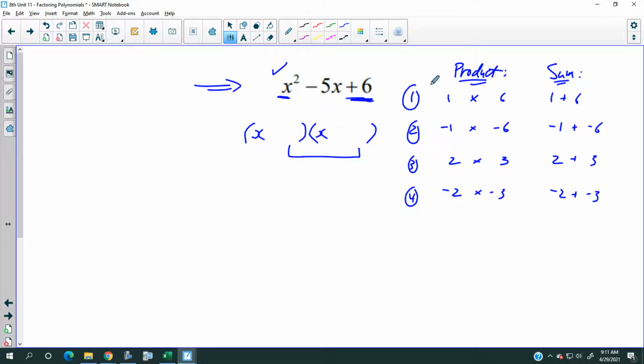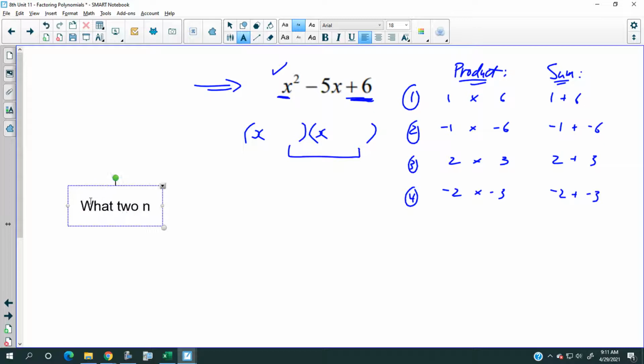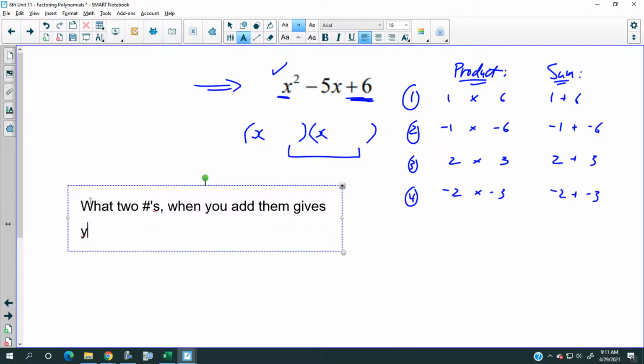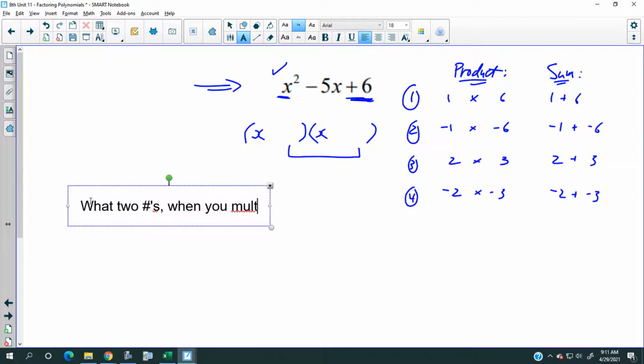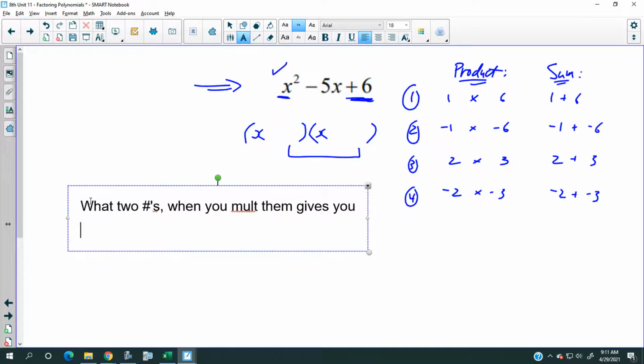In other words, what 2 numbers, when you multiply them, give you +6, and when you add them, give you -5. That's really the question.